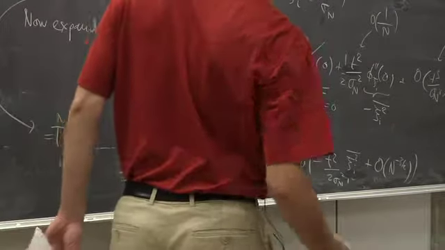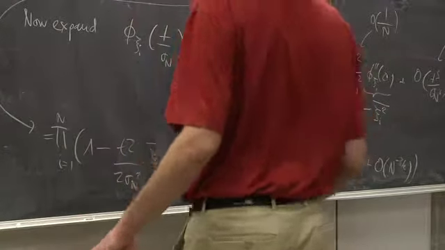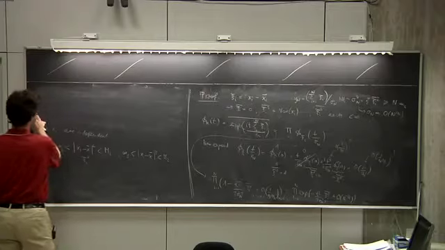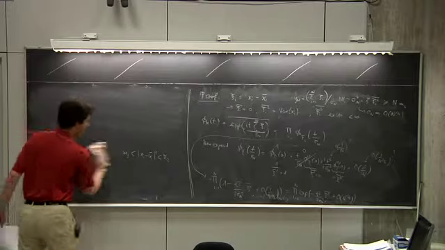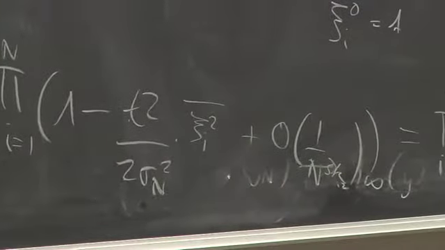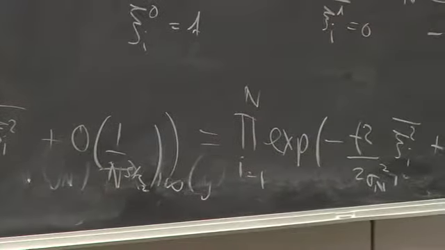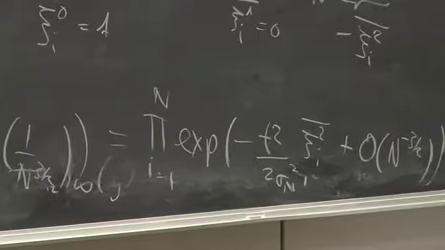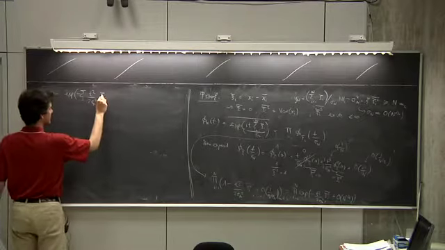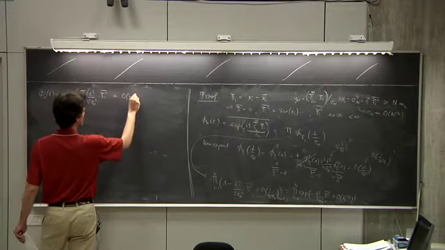And now let's do this product. The product is exponential of a sum. So my phi n of t is now going to be exponential of a sum over i of t squared over 2 sigma n squared, and you have psi i squared, and then plus O(n to the minus 3/2).